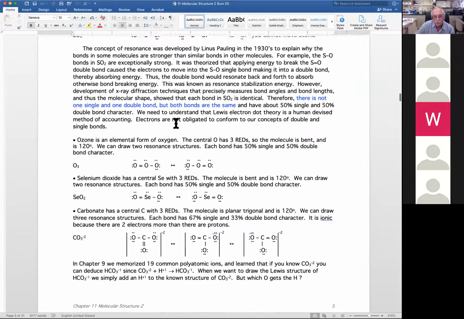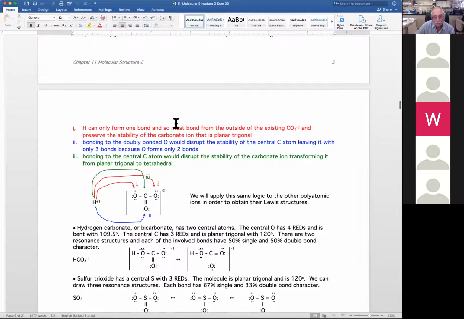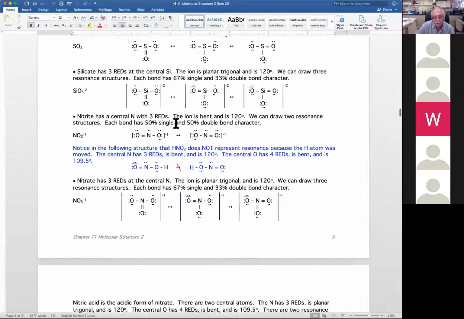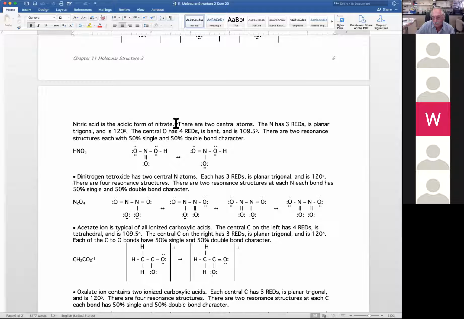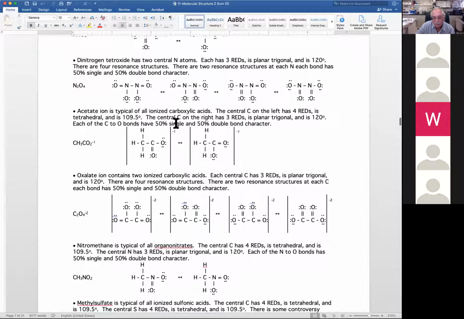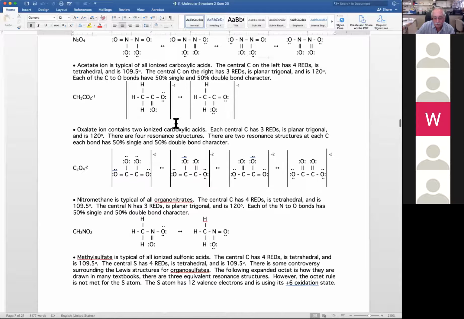So I showed you a whole bunch of different examples of resonance. And like I said, my concept is I'll just show every example that you would normally encounter. I don't care whether it has to be on the test later on or not. I'm just showing you everything.